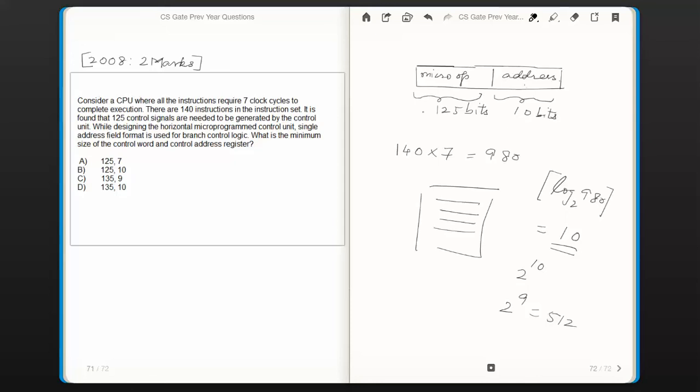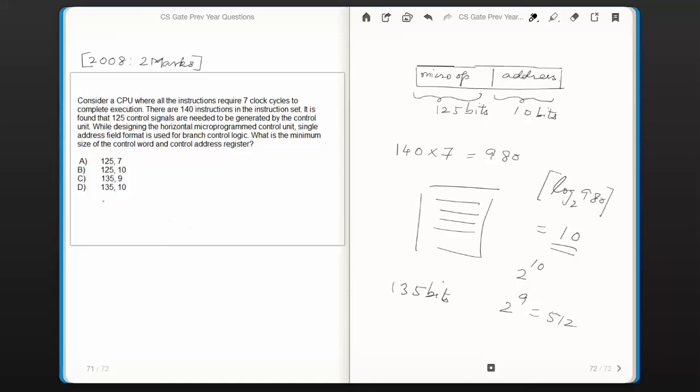and this is the width of the control address register, because control address register would contain the address of the next micro instruction to be executed, right? So the width of control address register is 10 bits, and the size of the control word, that is the size of micro instruction, is the addition of the width of micro operation field and address field, that is 125 plus 10, that is 135 bits.